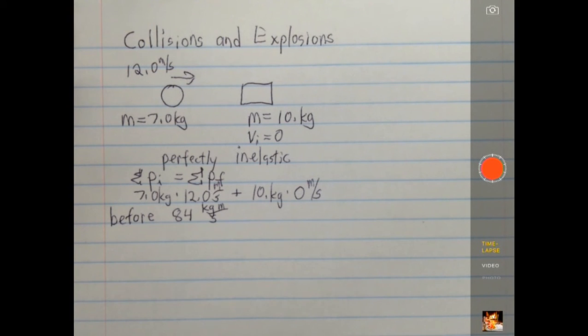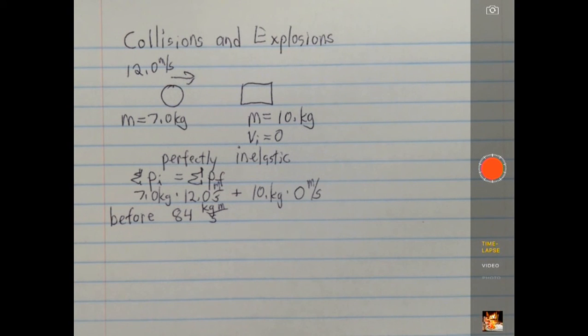Which one will be moving faster after they collide? 7 or 10 kilogram mass? The ball or the box? Mason H, what do you think? Speculate. After they collide and stick together, which one do you think will be moving faster?